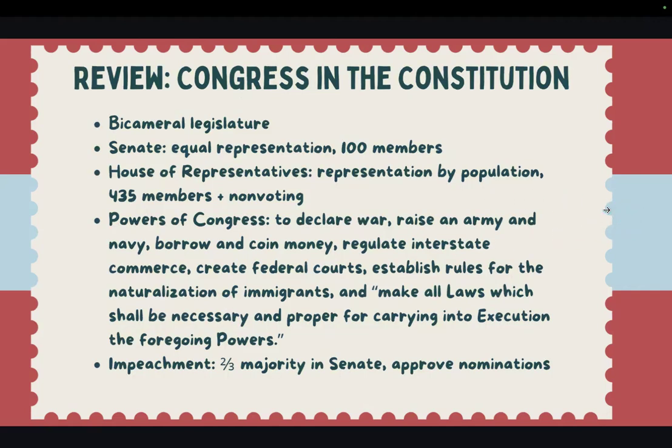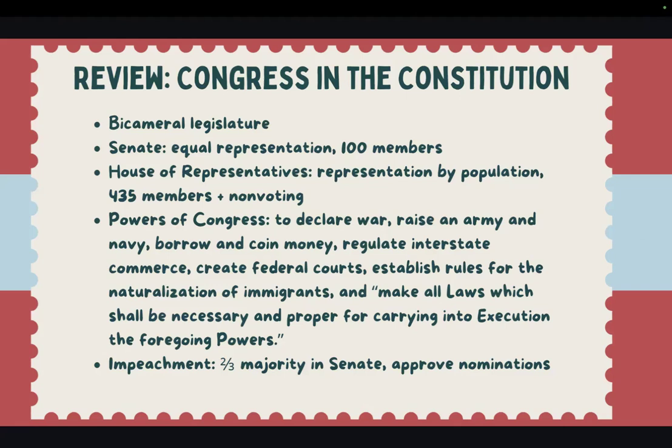Okay. So just remember that word bicameral, two houses. Congress has two houses, the Senate and the House of Representatives. And remember when we talked about all the plans and the compromises that resulted in the Constitution. So they compromised between the big states and the small states, right?